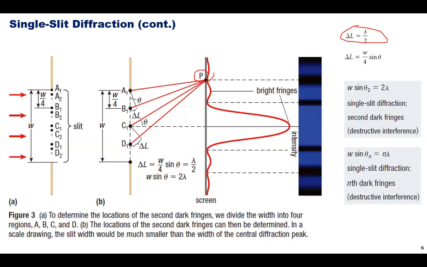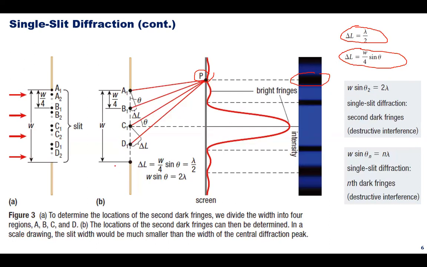Thus, for the second dark fringe, which is here, we have delta L equals a quarter of W times sine theta. Setting this expression equal to 1/2 of lambda, we have the following relationship.